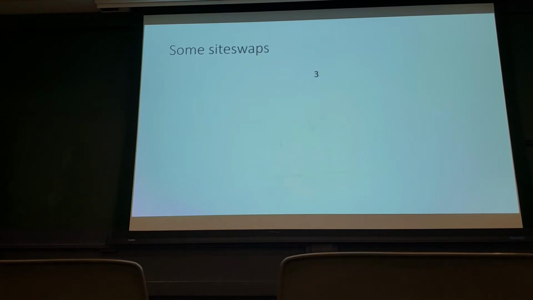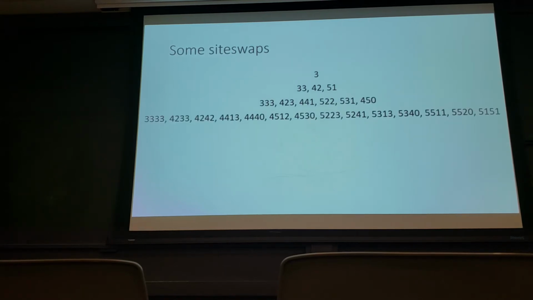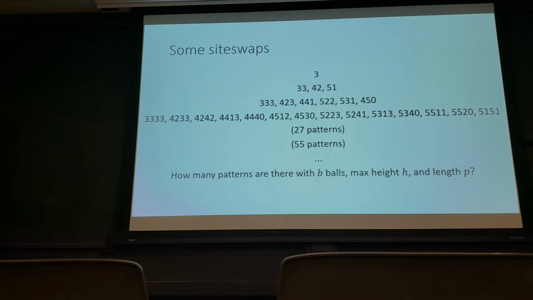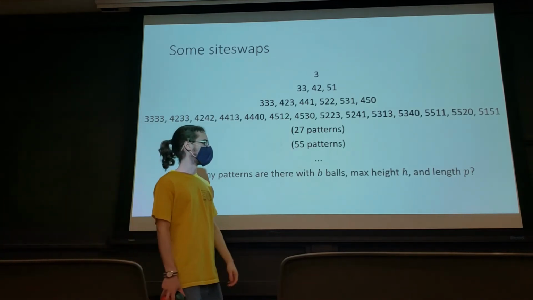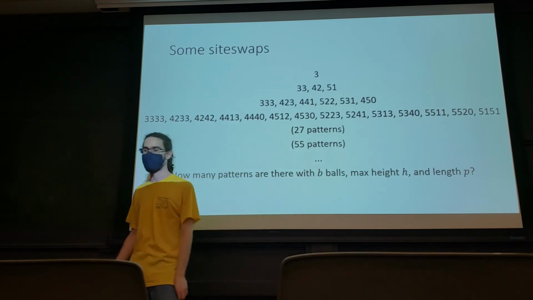And so the sequence begins 3, and then we have 3 of length 2, one of which is just repeating 3 twice. We have 6 of length 3, we have 14 of length 4, and then we get 27 and 55, and so on. And so the natural question is: how many patterns are there with B balls, max height H, and length P?